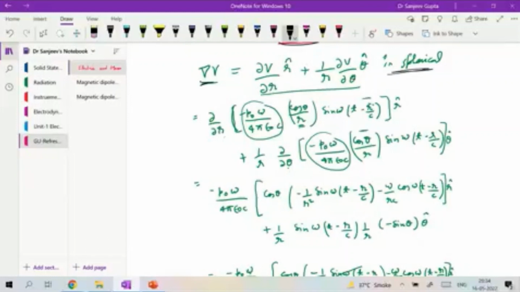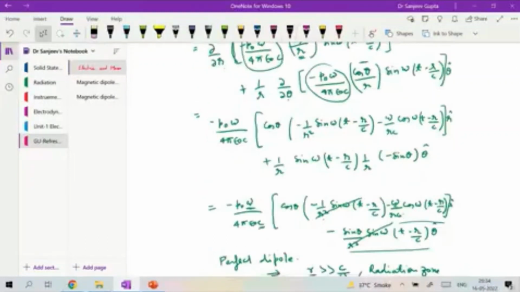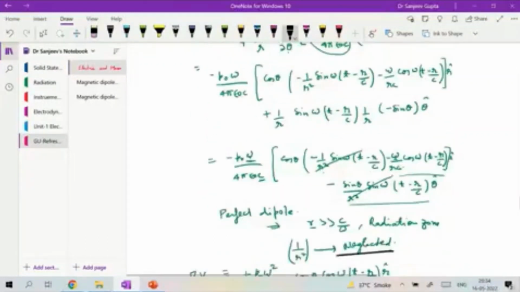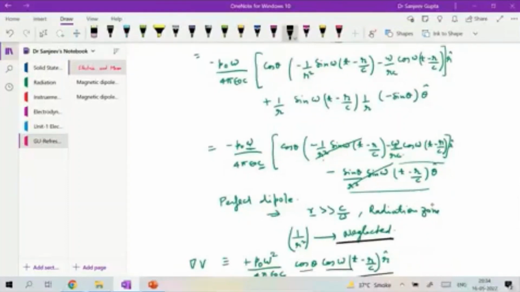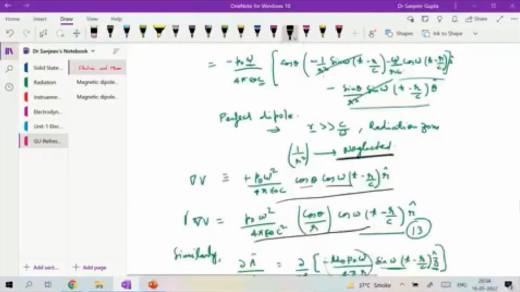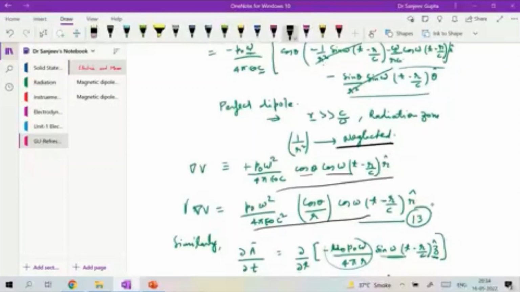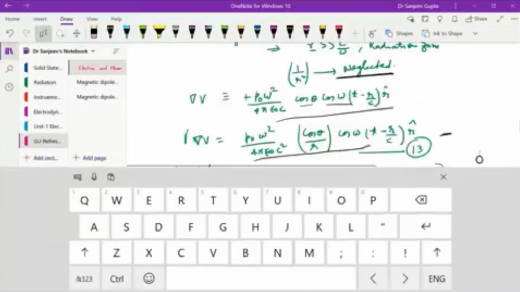Once you put these things in, for a perfect dipole moment and the radiation zone, you will get equation number 13: p0 omega square upon 4 pi epsilon c square, cos theta divided by r, cos omega t minus r by c. This is the expression. Del V we have calculated.